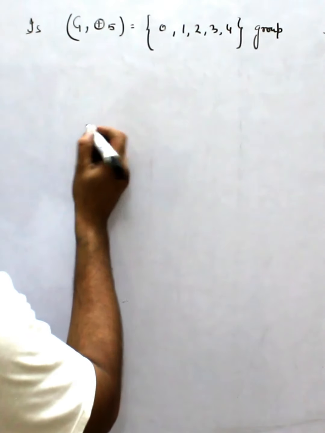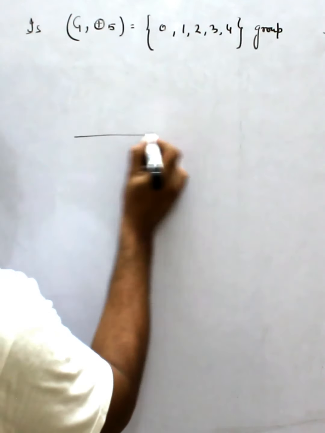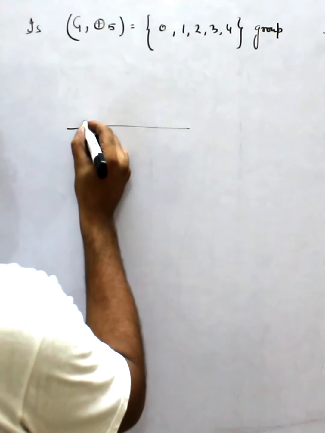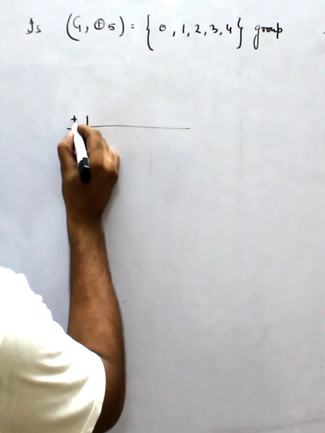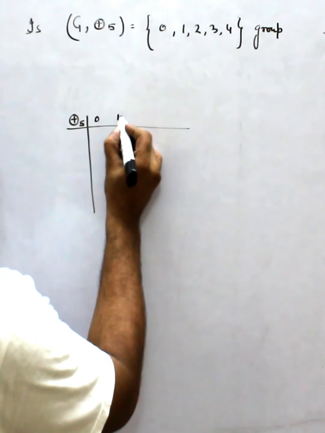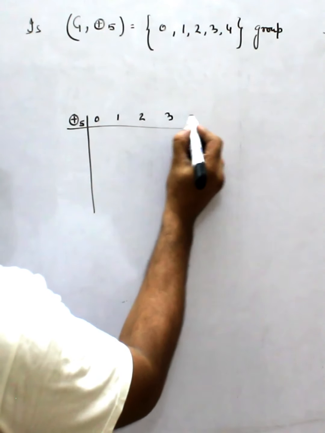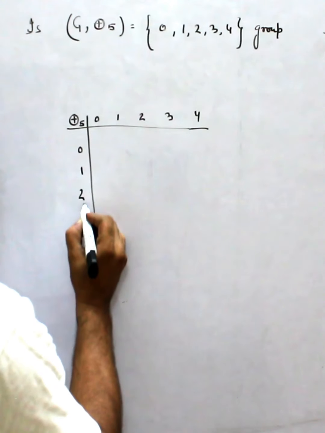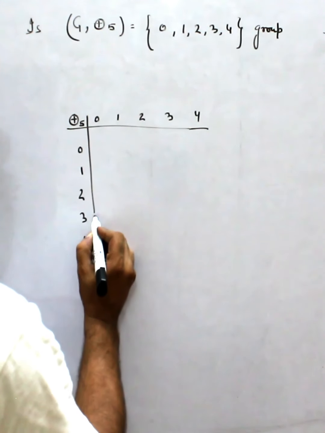Simply, the closure property we check by the Cayley matrix. We take the binary operation with elements 0, 1, 2, 3, 4 along the top and 0, 1, 2, 3, 4 along the side.